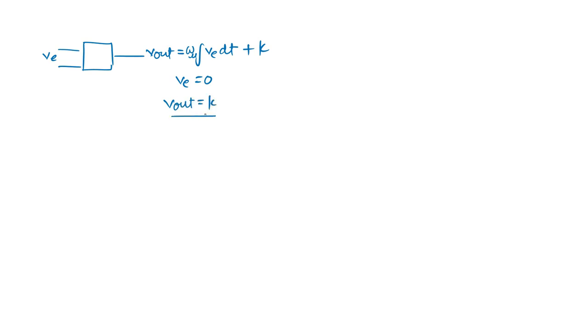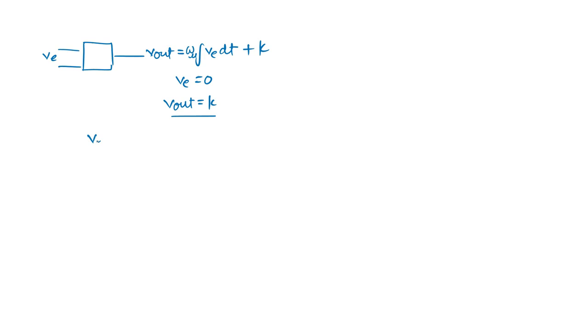Ideally, if there is an op amp, this error voltage should be zero, and the output is nothing but an integration of this error voltage with some constant omega u and some k value. So when this error voltage is zero, we have some constant output voltage.